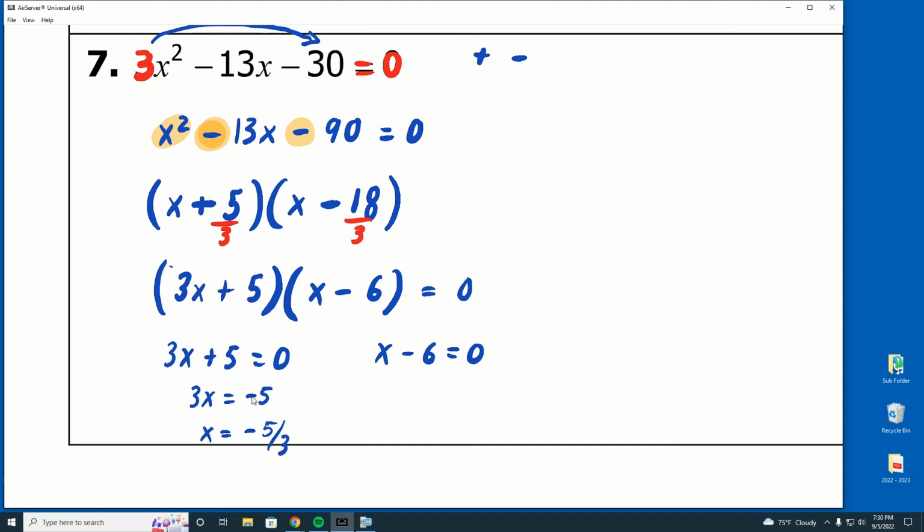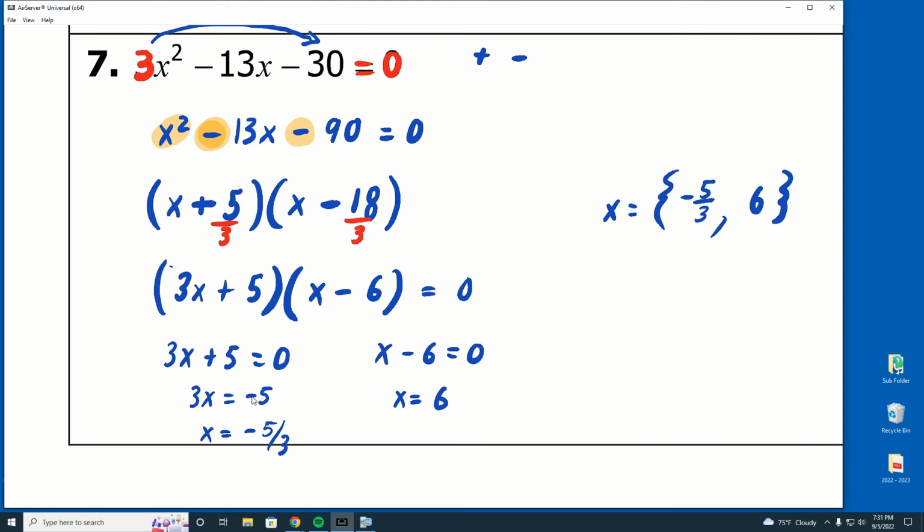If you were to graph it, it's going to cross through the x-axis somewhere between negative 1 and negative 2. The other place it will cross the x-axis, if we add that 6, will be at positive 6. So my two solutions for x include negative 5/3, okay, negative 1.6 repeating, and positive 6. That's the two places where this particular quadratic will cross the x-axis.